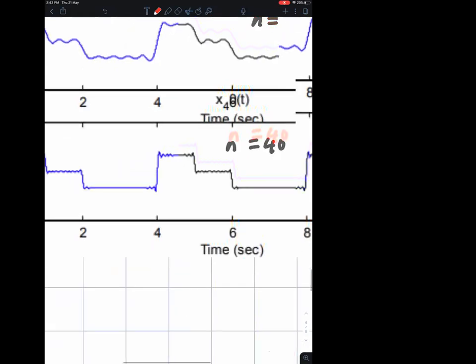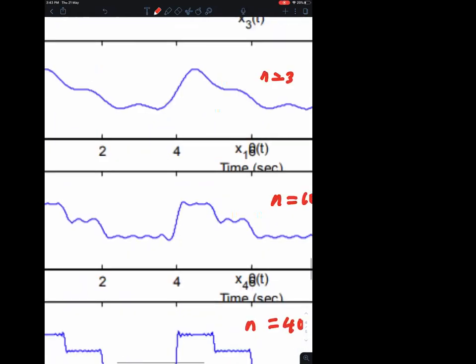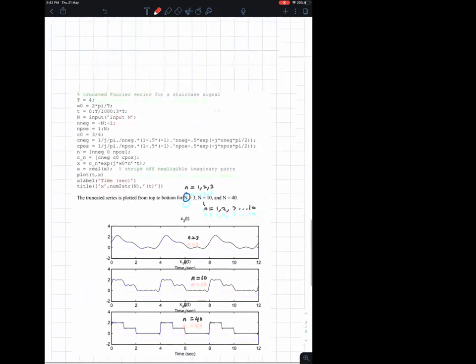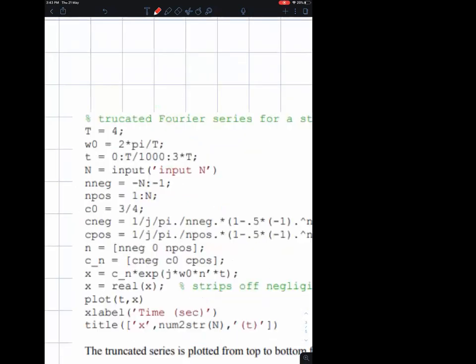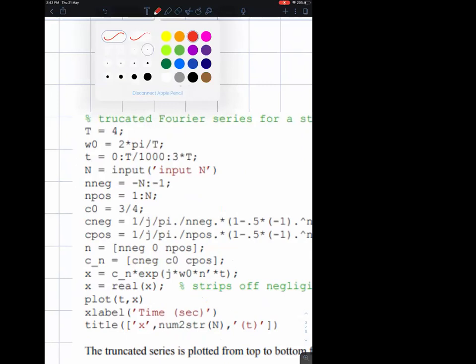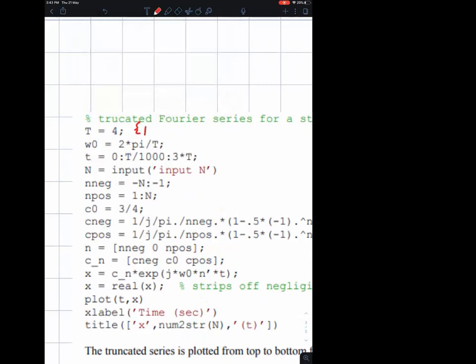The program has been done for you. There are also many other examples. The program is giving you the period, and this is the frequency, 2 pi over period.